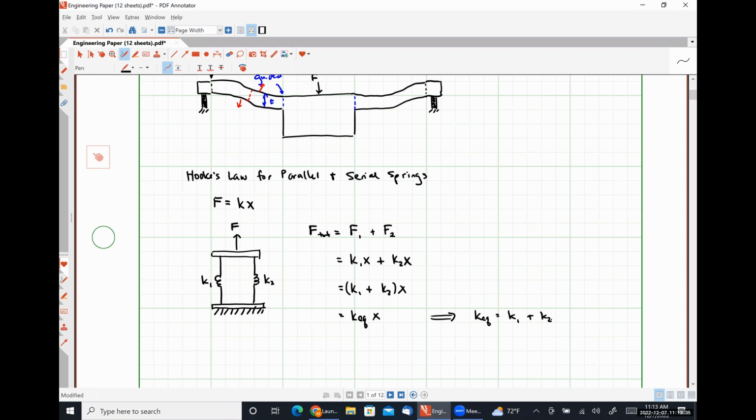So springs in parallel add like resistors in series, okay?